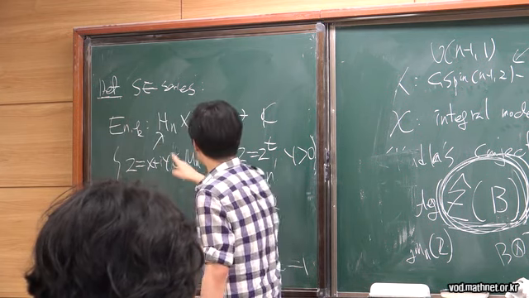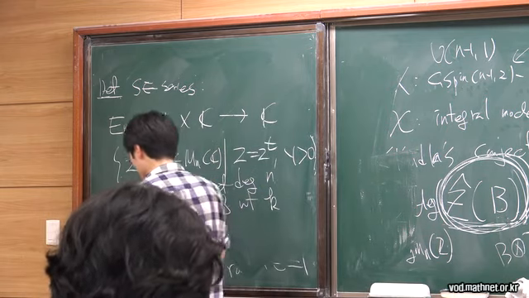So here n and k come from this degree and weight.